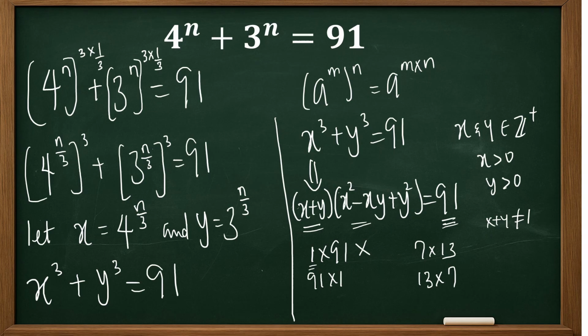And looking at case number 2, if x plus y is 7, this shows that x squared minus xy plus y squared gives 13.